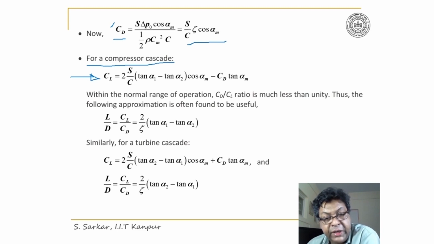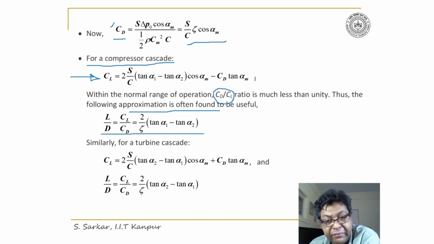Now, in the nominal range of applications, the CD by CL ratio is small, much smaller than unity, and thus we can approximate further, stating that L by D is equal to CL by CD, that is equal to 2 by zeta into tan alpha 1 minus tan alpha 2.